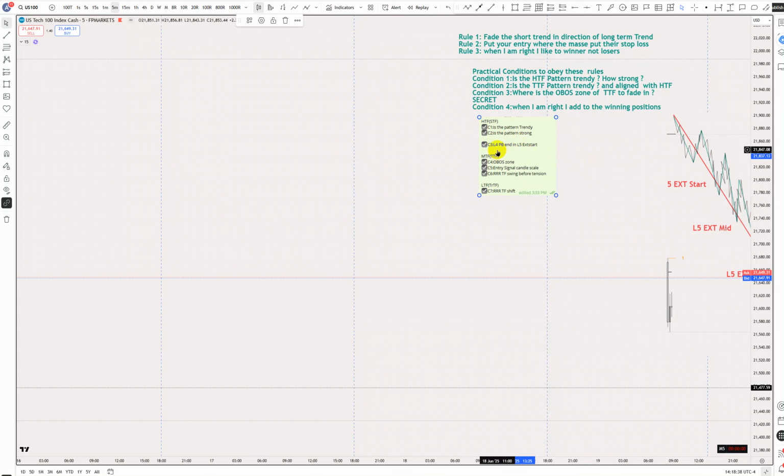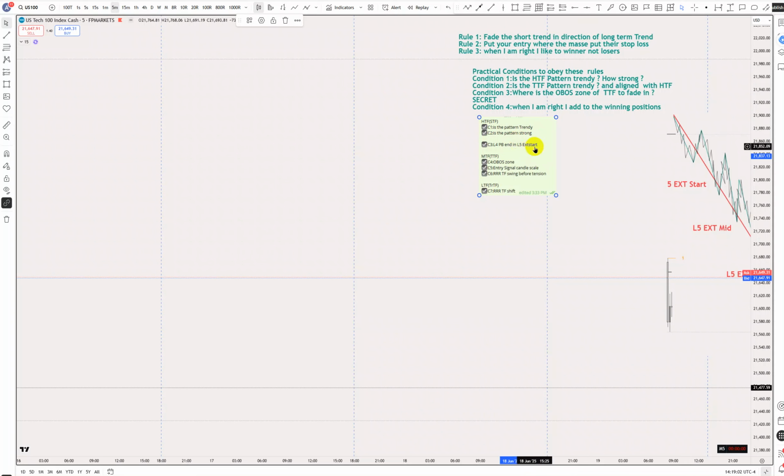Whether you use Elliott waves, or scan legs, or valid pullback legs, you can count the legs. At the end of leg four, which is aligned with leg five of the higher time frame. So this leg four belongs to the lower time frame, but this leg five belongs to the higher time frame.